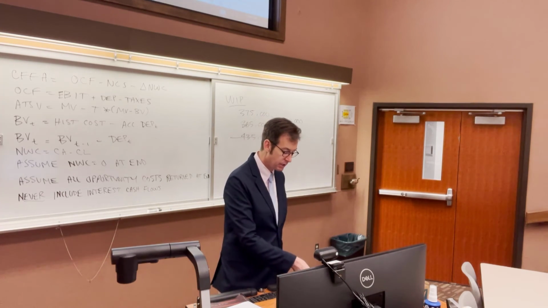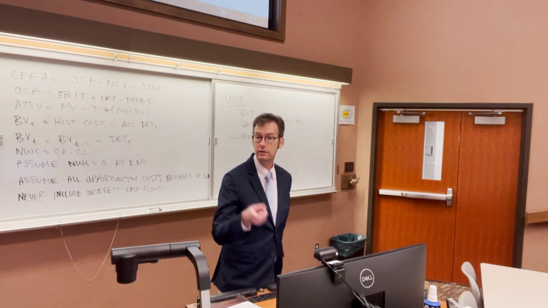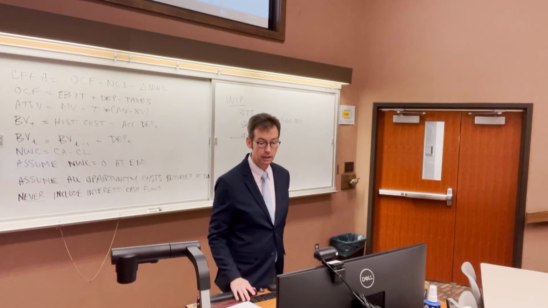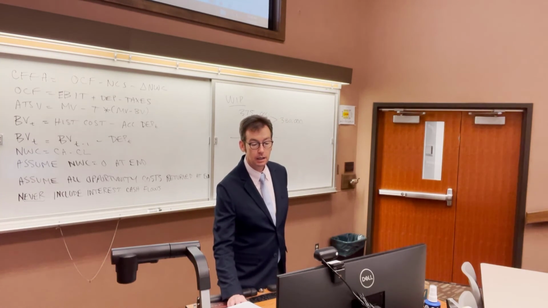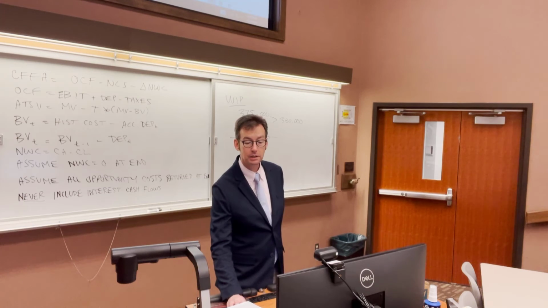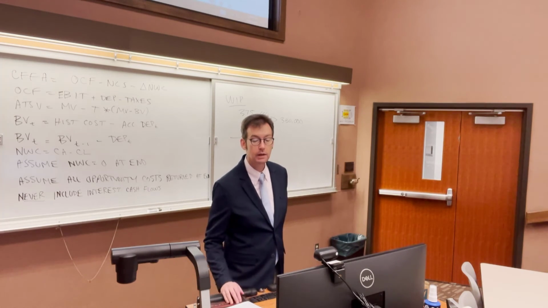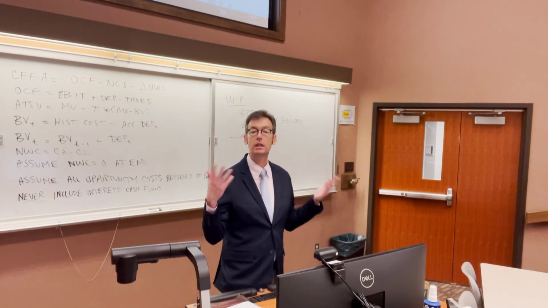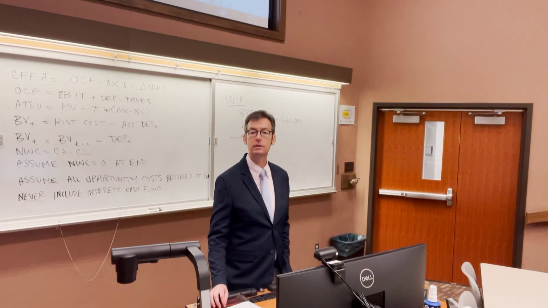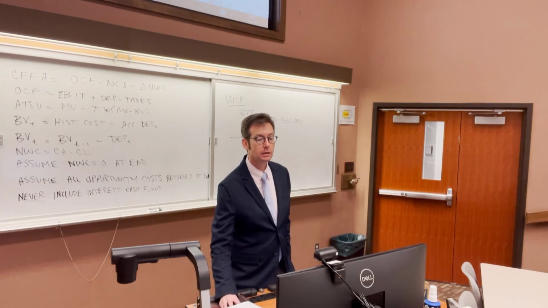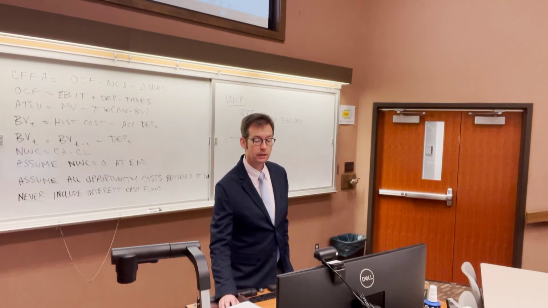I got to go to the dollar sign. So I'm going to hit F4, or we hear that it's Control T on the Mac. I'm going to hit enter, and then I will be able to drag this thing over. And there is our net working capital, except for one thing. We know that it's 0 at the end because all that money goes back. Does that make sense? Okay, so I'm going to go ahead and save this.